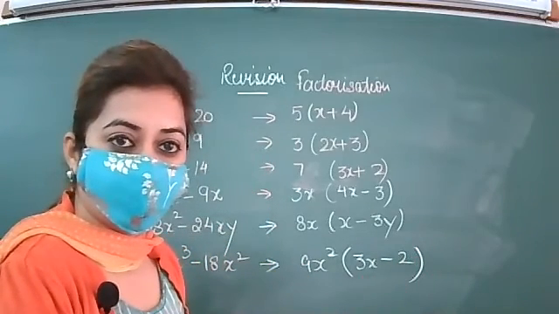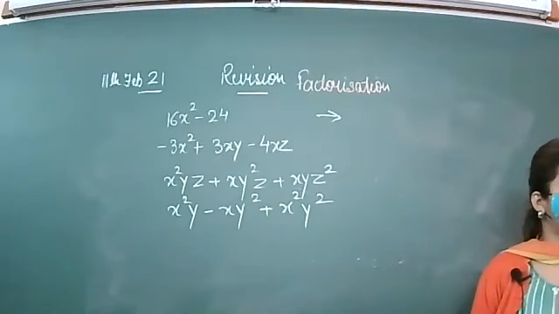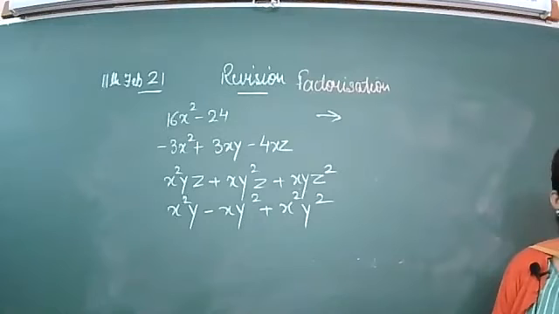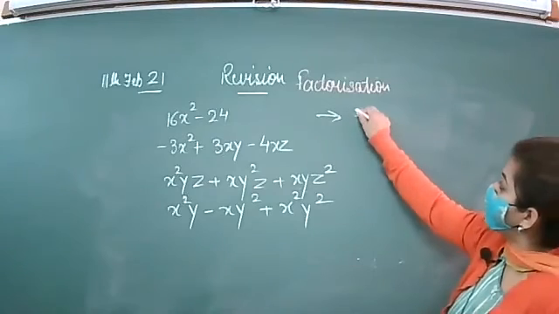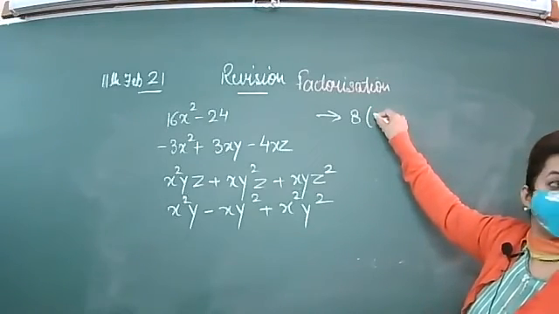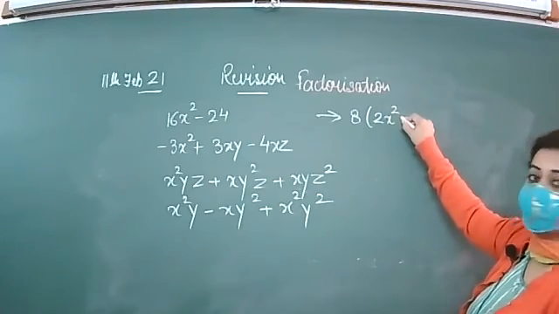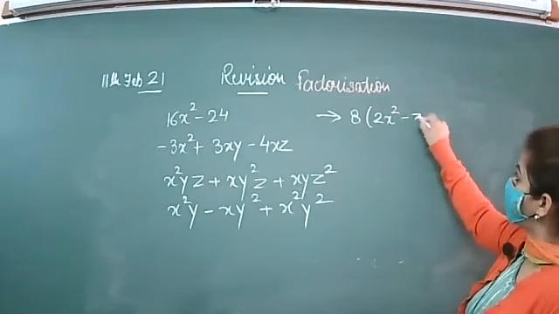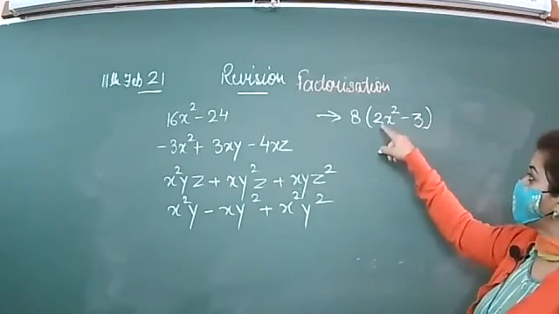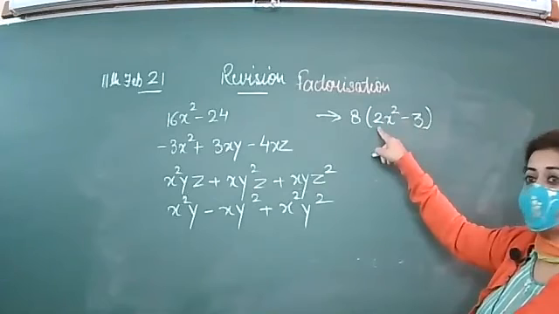First part, 16x square minus 24. What's common in these two terms? 8. Yes, 8. 3. Yes. Is it possible to take common from these two terms inside the bracket? No, nothing is common between 2 and 3 because both are prime numbers.